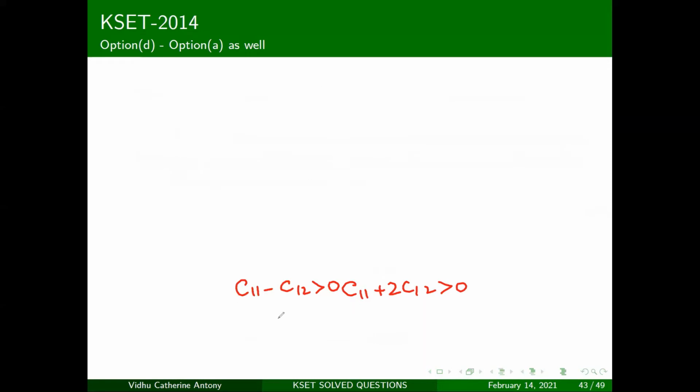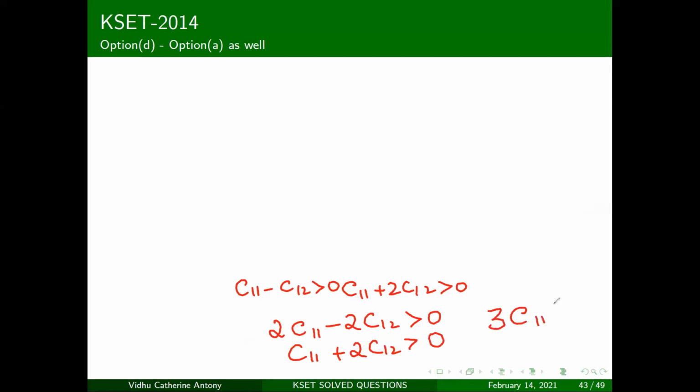Let me multiply the first with a 2. So 2C11 minus 2C12 is greater than 0, and C11 plus 2C12 is greater than 0. If you add both of these up, you get 3C11 is greater than 0, because the minus 2C12 and plus 2C12 cancel. So basically you have C11 greater than 0.